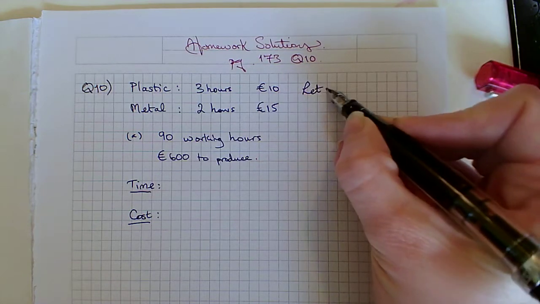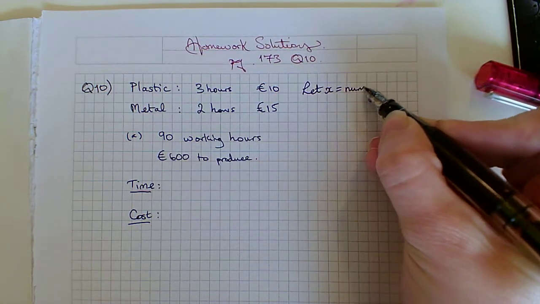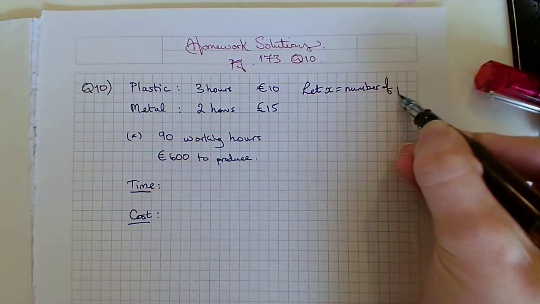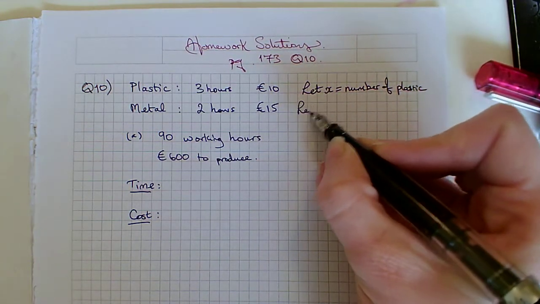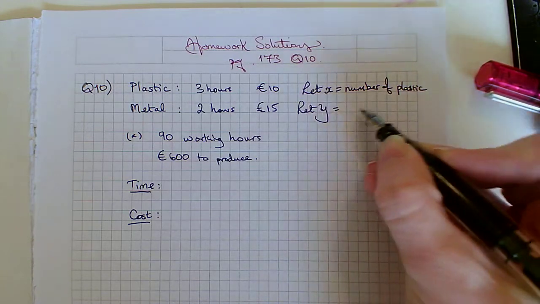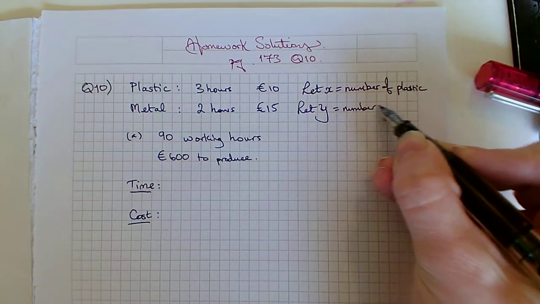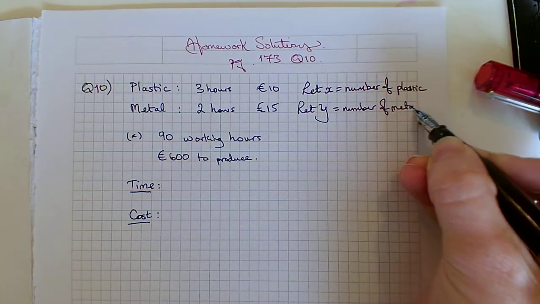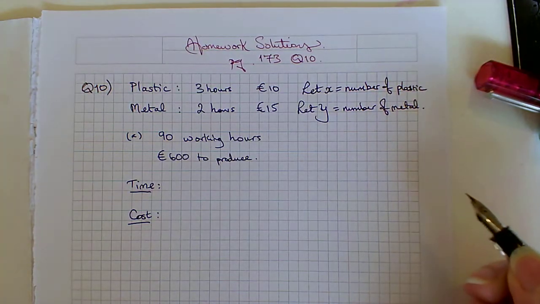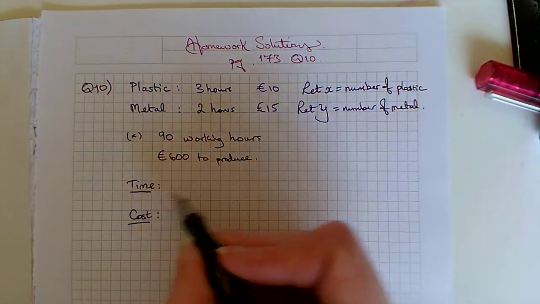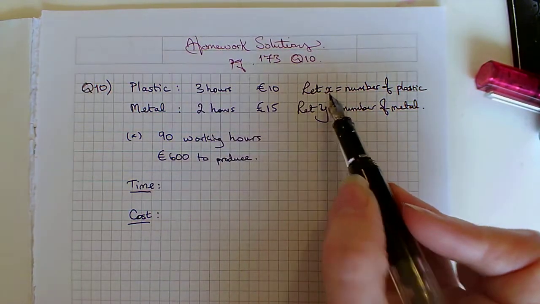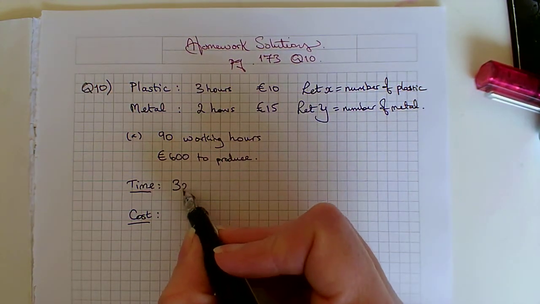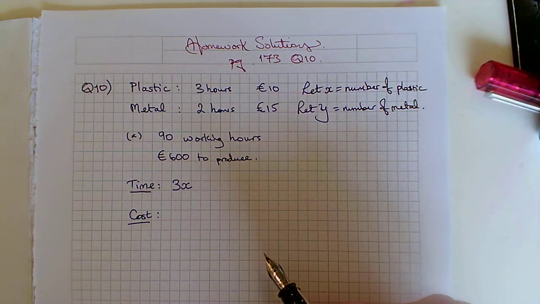We're going to let x equal the number of plastic components, and we're going to let y equal the number of metal components. And what we can say there is the time to make x of them will be 3 times x.